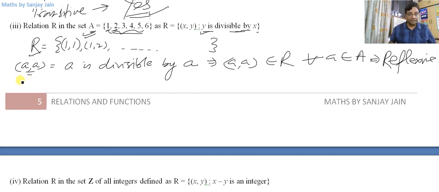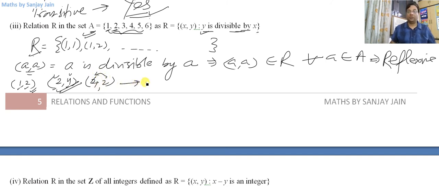So let us see. Let us take one element as 1 comma 2. If 1 is divisible by 2, then 2 is divisible by 1. This element is there, right? But now look at something else. 2 comma 4. 4 is divisible by 2, but 4 comma 2 will not be present. 2 comma 4 is present because 4 is divisible by 2, but 2 is not divisible by 4, right?